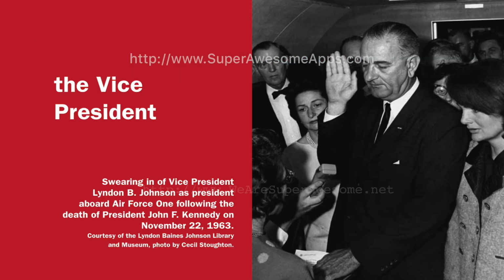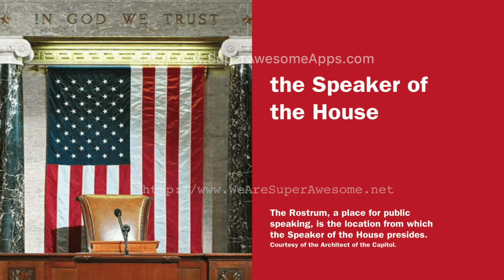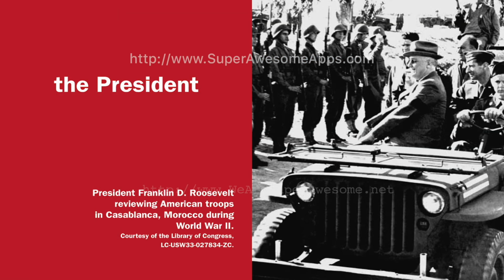If the president can no longer serve, who becomes president? The vice president. If both the president and the vice president can no longer serve, who becomes president? The Speaker of the House. Who is the commander-in-chief of the military? The President.